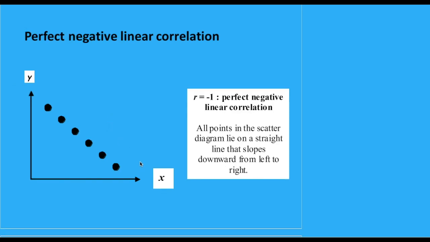Here, as the values of x increase, the values of y decrease, and the correlation coefficient is -1. It is a perfect negative linear correlation because all of the points lie on a straight line with a downward slope.